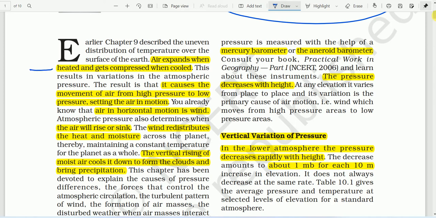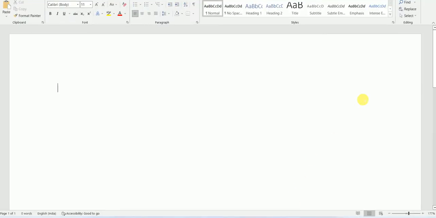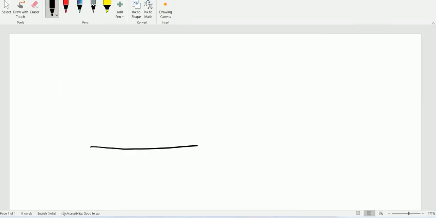Here it is mentioned that air expands when heated and gets compressed when cooled. Just like any other object, air also expands when heated and is compressed when it is cooled down. So let us say this is the surface of the earth, and here we have a parcel of air.